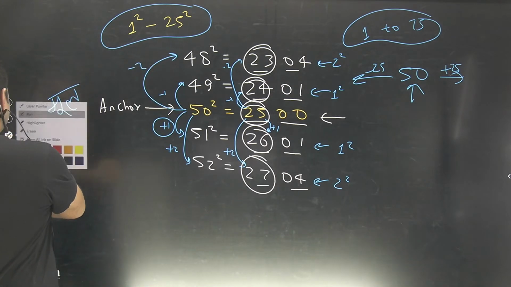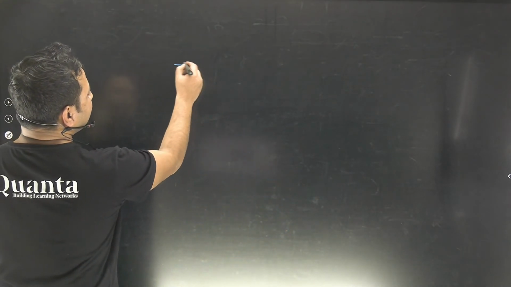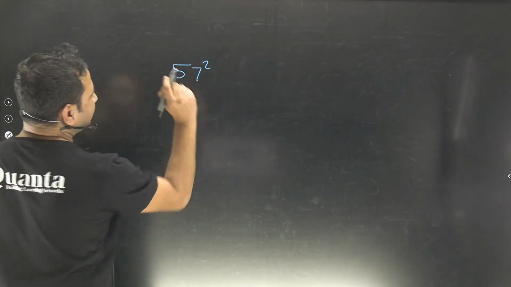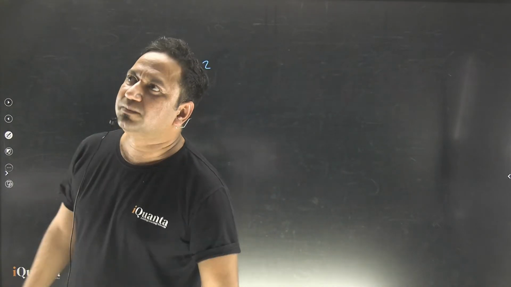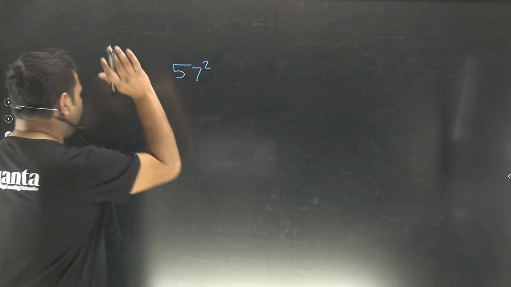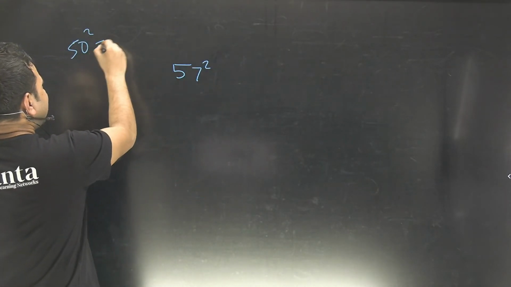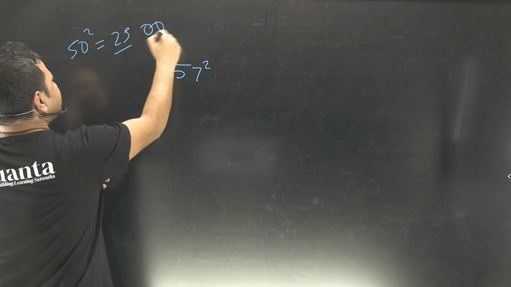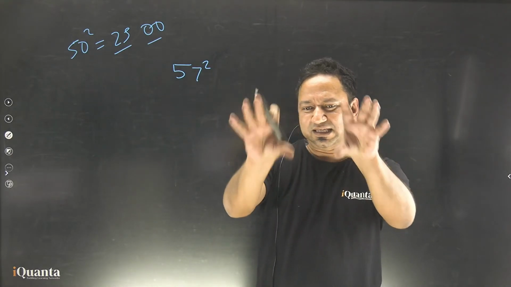Perfect. So, look at this. If someone asks you what is the square of 57, so what will you do? Now listen to me carefully. 57. The anchor, the mool here is 50. In our brains, what happens? 50 comes and these two groups, they shine inside our brains. 25 and 00. All the things have to be done 25 and 00.